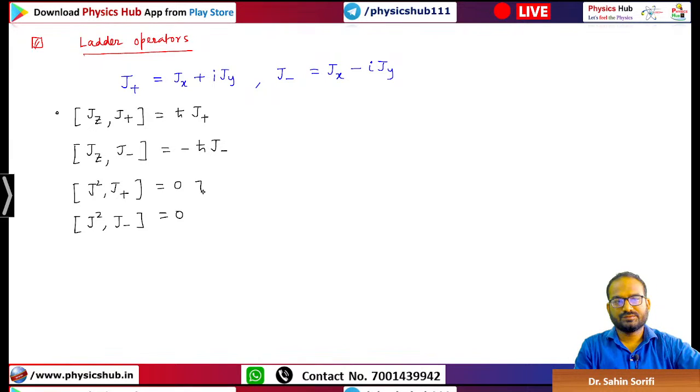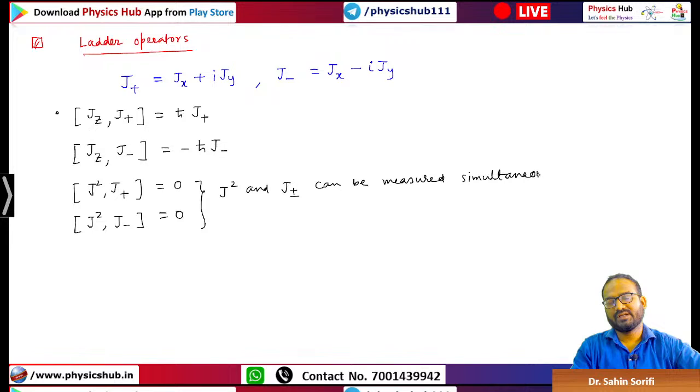So from these two, you can see J square with J plus is 0, J square with J minus is 0. What does it mean? It means J square and J plus-minus can be measured simultaneously.